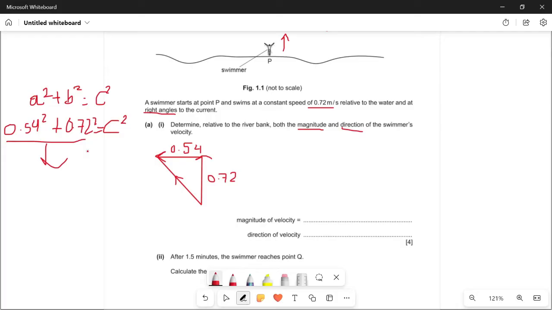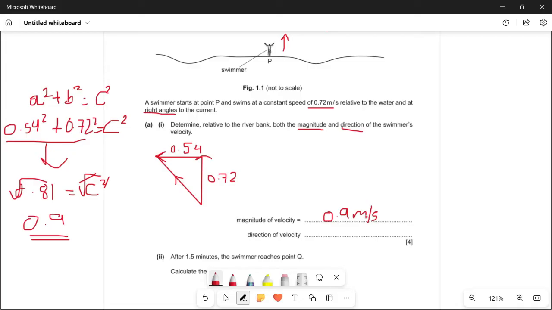That would be equal to 0.81 equals c squared. So now we square root both sides to find c. That would give us 0.9. So the magnitude of the velocity is 0.9 meters per second.